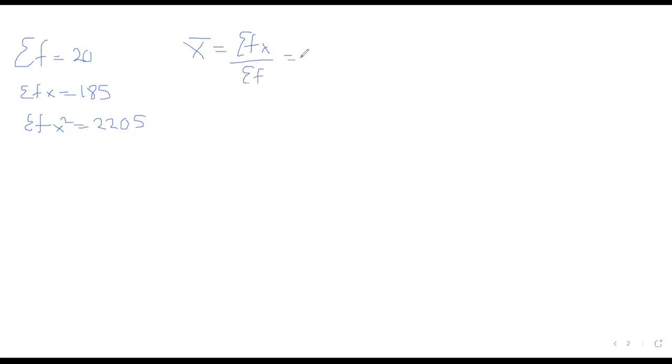Summation of fx is 185 and summation of f is 20. When you divide, what do we get as our mean? 9.25. Great.